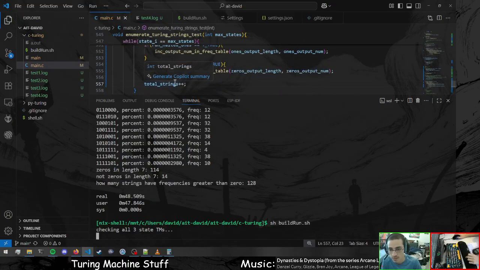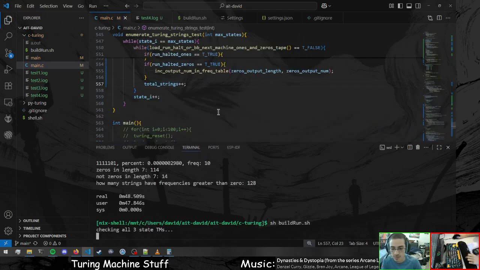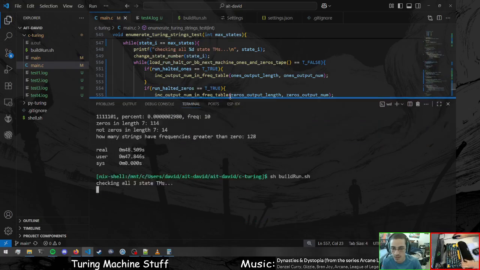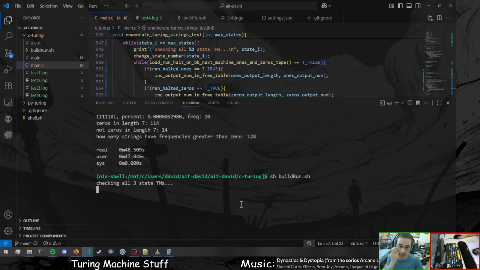I'd add total strings. I increment the total strings once instead of twice, so that should give me their number. Alright, I hope it does. At least, I don't know. I'm guessing it will. Oh my god. Alright.